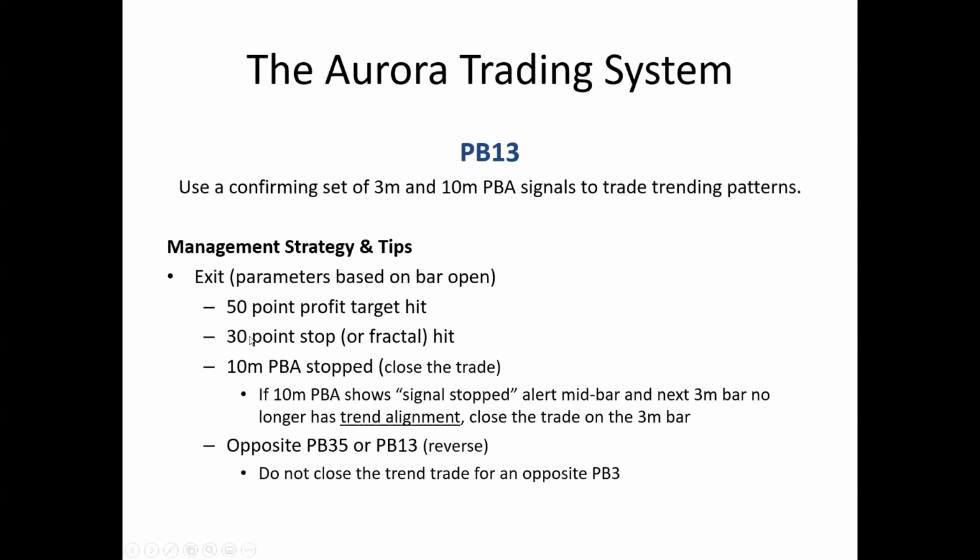So we're going to start with a default of 30 points or a 5-minute fractal, and a default of 50 points of profit target. You're going to exit this trade if it hits your 30-point stop, or wherever your stop is if it is a 5-minute fractal less than 30 points, or it hits your 50-point profit target. Now, there's a little bit more management that we are going to apply to this, which I'm going to share with you on the next slide.